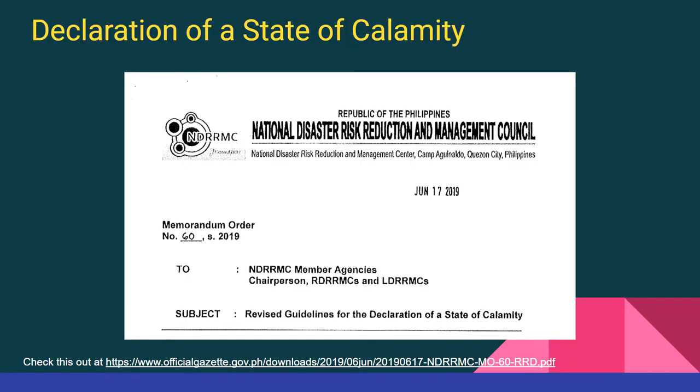So this one is actually a document from NDRRMC. The subject of this document is the revised guidelines for the declaration of a state of calamity. I'll provide the link to this document and you can find it in the description below.